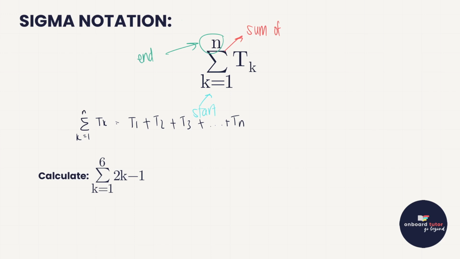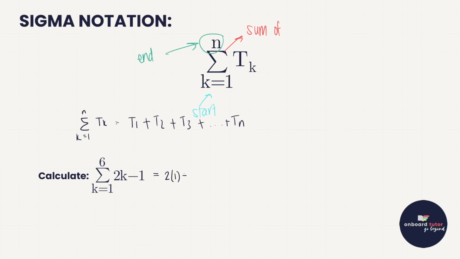We need to calculate the value of the sum of 2k minus 1, if we start by substituting in for k is equal to 1, and then our final term, we substitute k is equal to 6. So we can simply expand this, and we can now sub in.